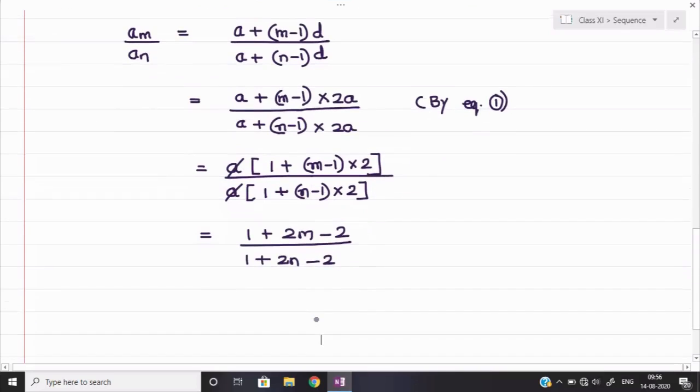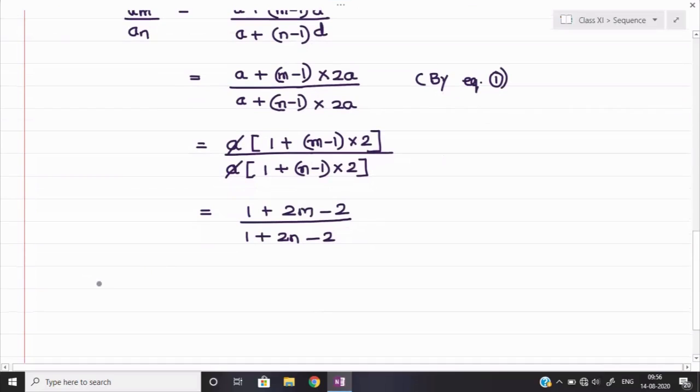Now see, 1 and 2 we can subtract. So I got 2m minus 1, because 1 minus 2 will be minus 1, and similarly this will be 2n minus 1.